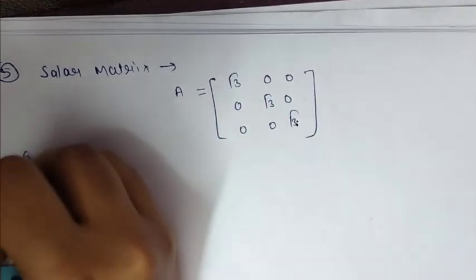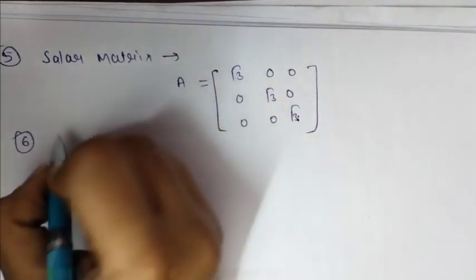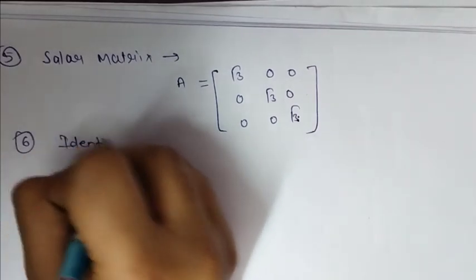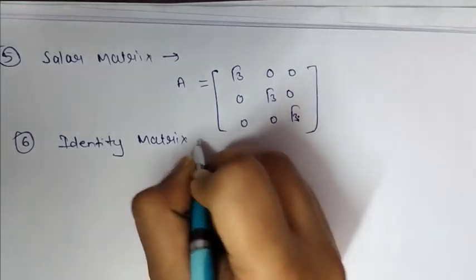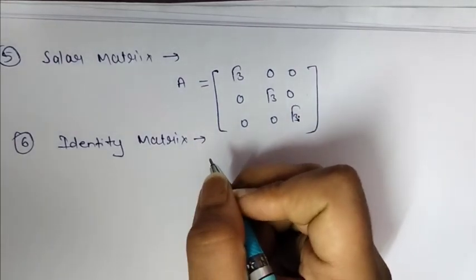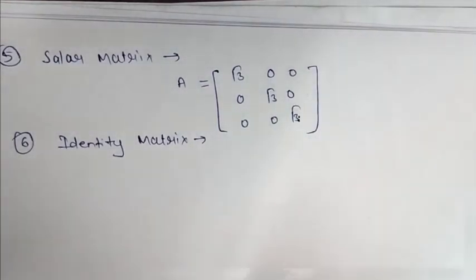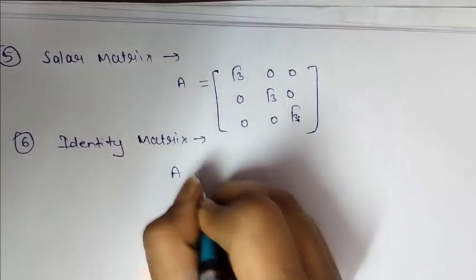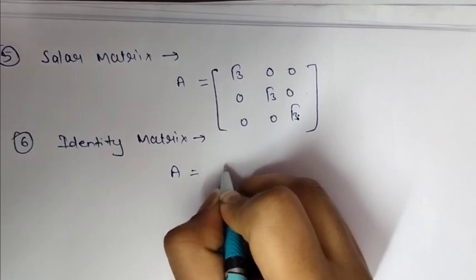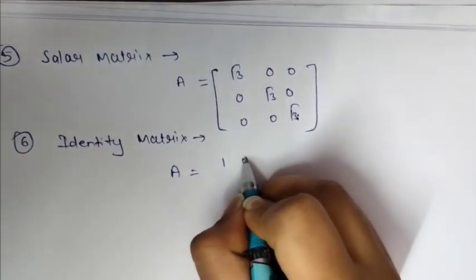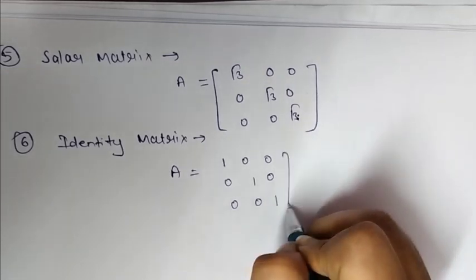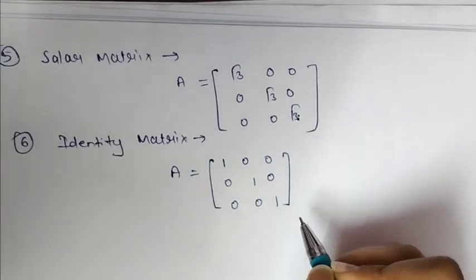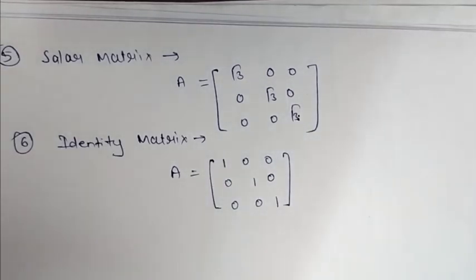Now we have our sixth type of matrix, that is identity matrix. So identity matrix is represented when in a square matrix all the diagonal elements are 1. जब हम स्क्वायर मैट्रिक्स की बात करते हैं और जो हमारे डायगोनल हैं like 1, 0, 0, 0, 1, 0 and 0, 0, 1, the diagonal elements are equal to 1, then this is known as identity matrix.